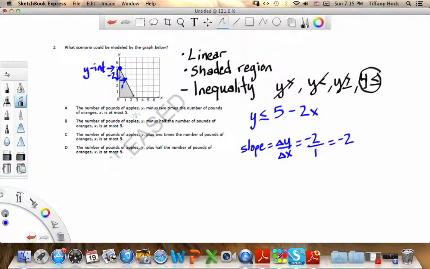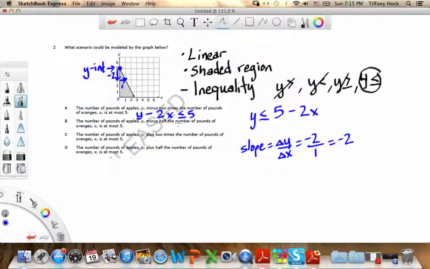So let's look here. This first one says the number of pounds of apples, y, minus 2 times the number of pounds of oranges, which is our x, is at most 5. Okay, so this is saying y minus 2 times the number of pounds of oranges is at most, so think about what at most means. That would be less than or equal to 5.